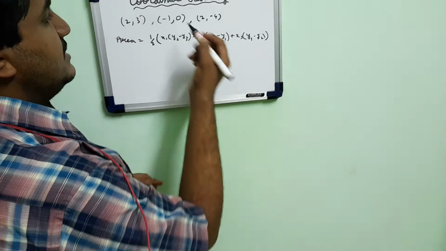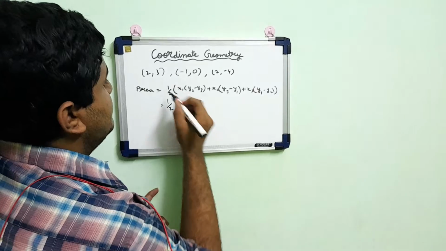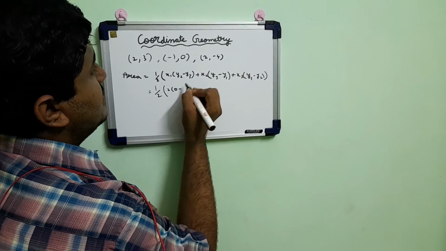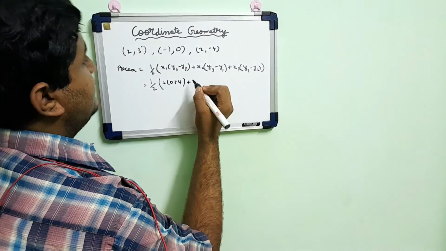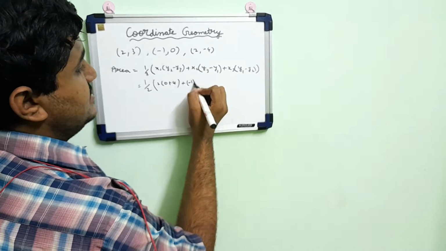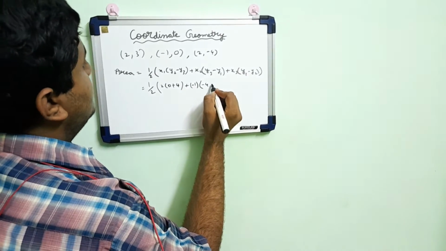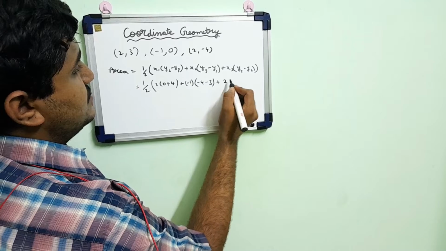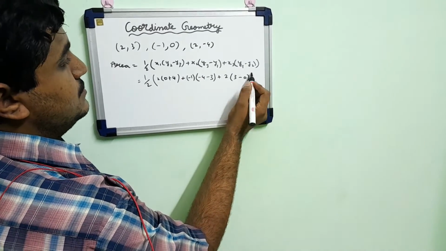So by substituting the values in the formula, we get half into [2 into (0 plus 4) plus (minus 1) into (minus 4 minus 3) plus 2 into (3 minus 0)].